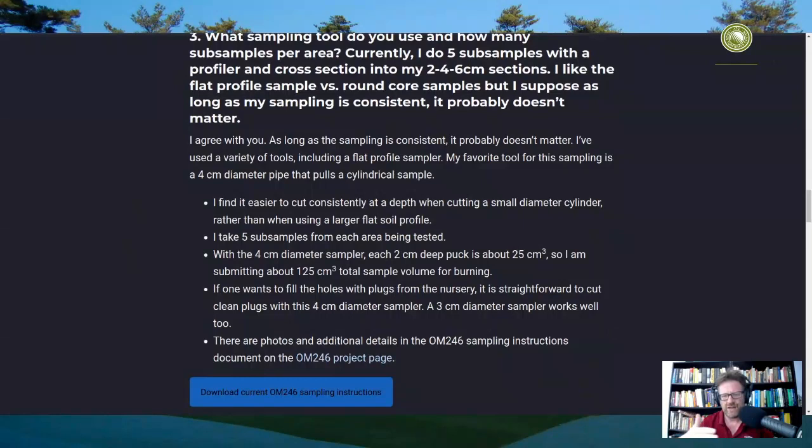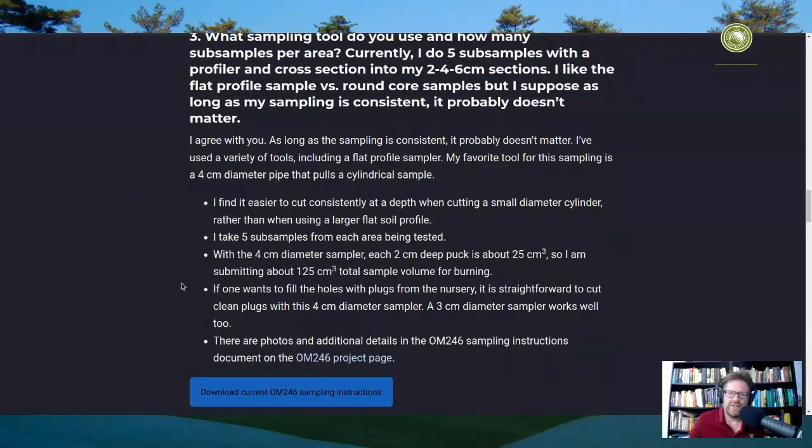And sometimes, especially if you don't have so much organic material in a 2 to 4 centimeter depth or 4 to 6 centimeter depth, if I'd have a big soil profile, and I'd be cutting a big sample down at 2 to 4 or 4 to 6 centimeter depth, there would be a lot of loose sand, and I don't think it would stick together quite as well as a smaller cylindrical sample.